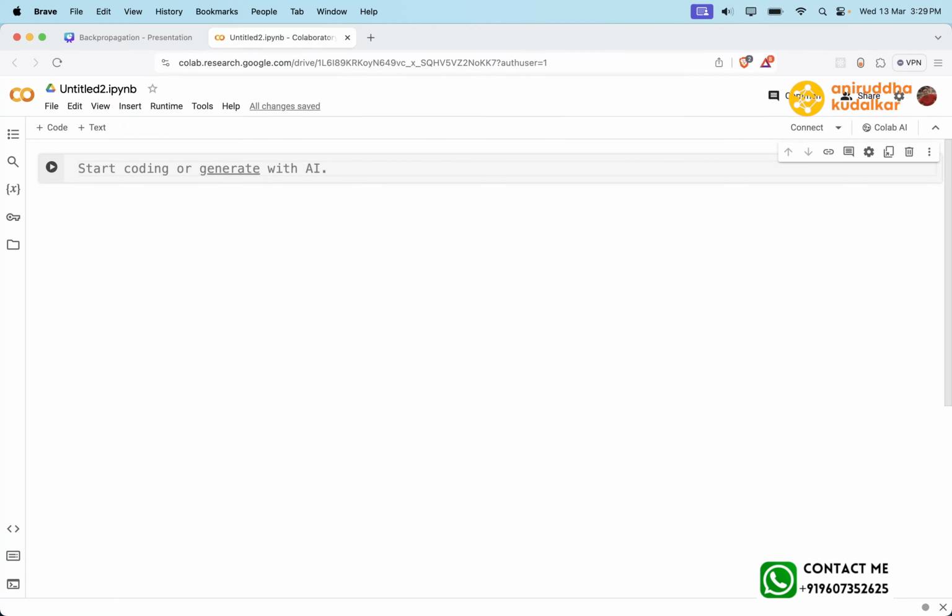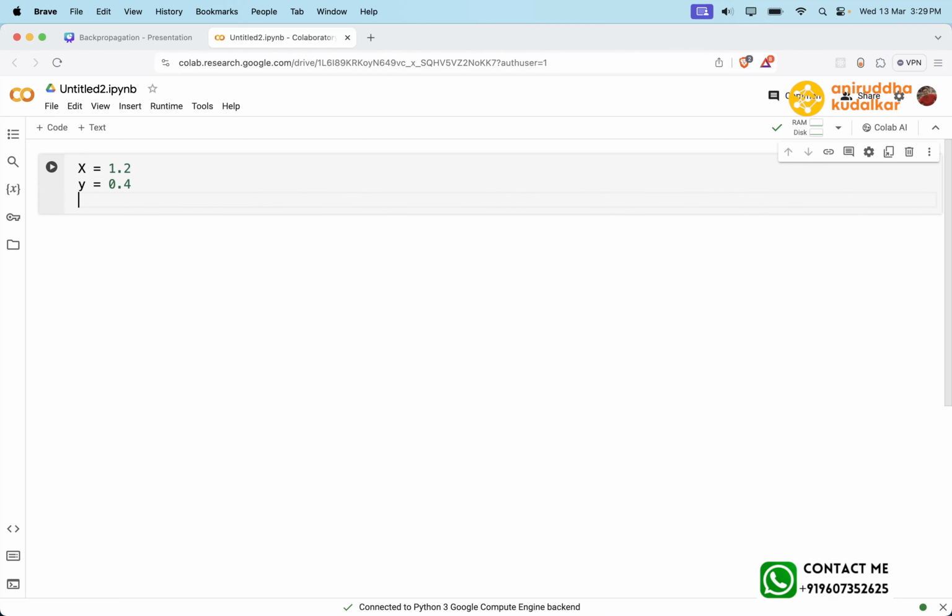Let's go here and define X equals 1.2. Y is the desired output, 0.4, and weight is equal to 0.1.